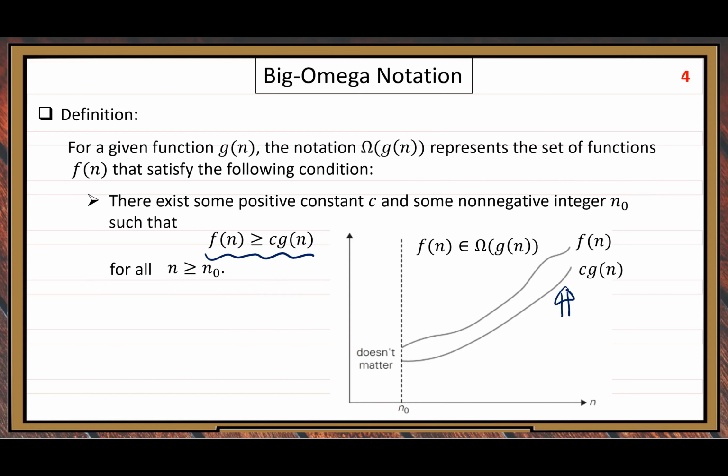You just describe the lower bound estimate. Still this side doesn't matter, for the same reason. Later I will explain this reason once, once for all asymptotic notations, because they have the same reason.